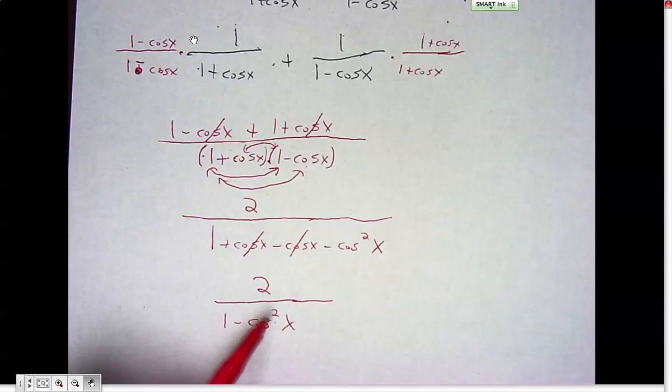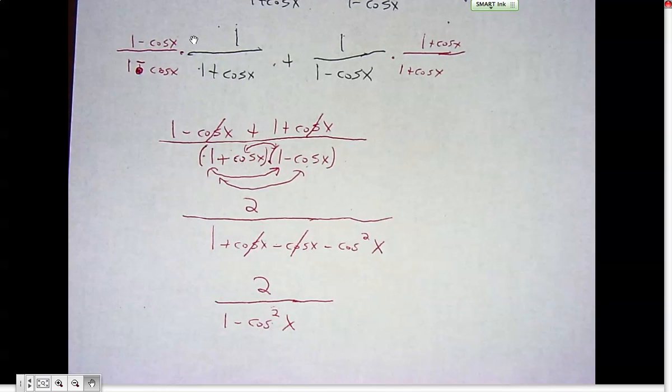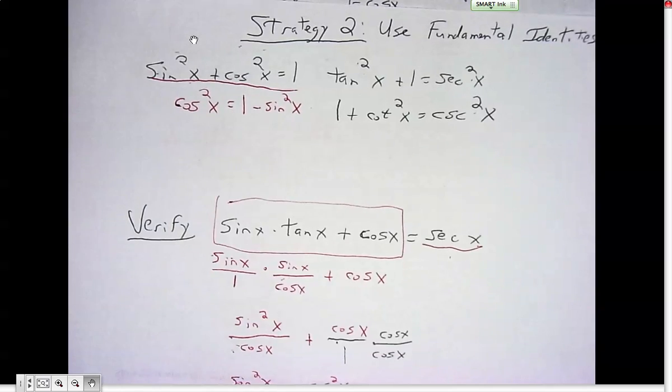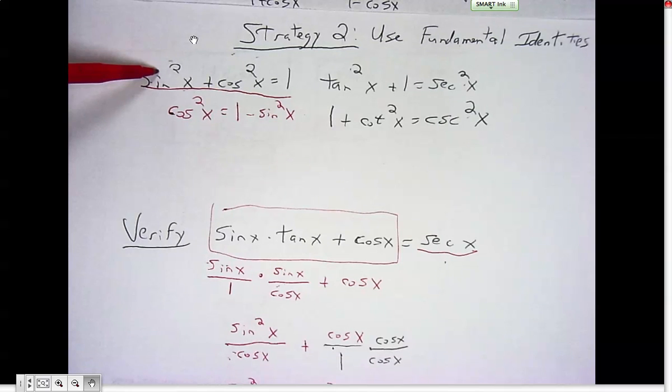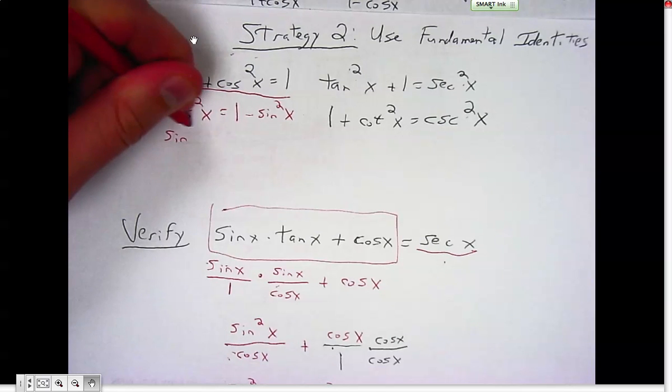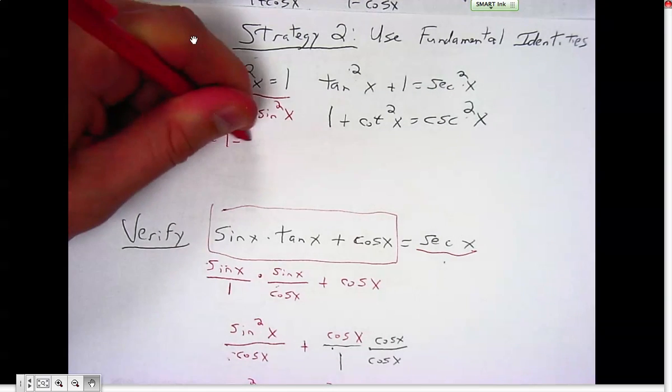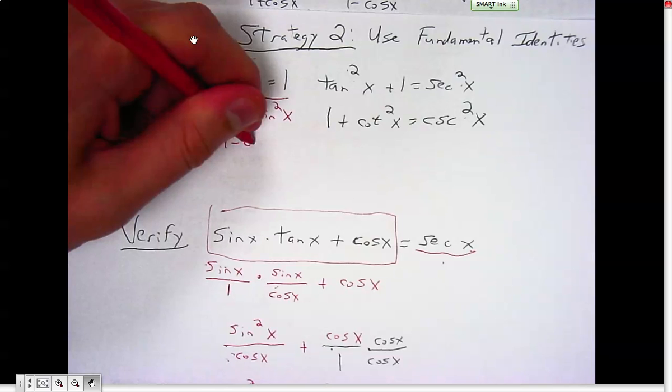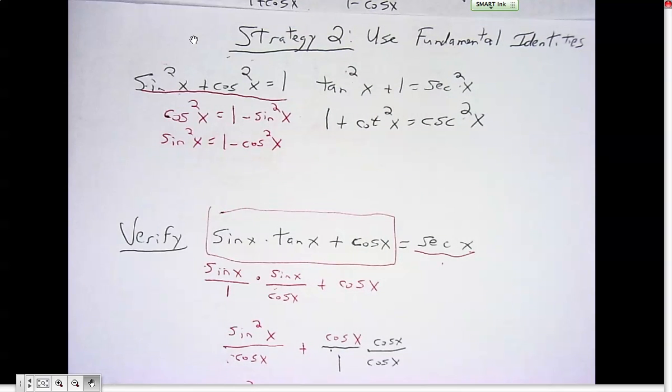One thing, remember, from our last video is when we see that squared, we want to think about our Pythagorean identities. And in particular, we've got this Pythagorean identity. In the last video, we had rearranged it to get the cosine squared by itself. You can also rearrange it to get the sine squared by itself. And we see that sine squared would be 1 minus cosine squared of x.